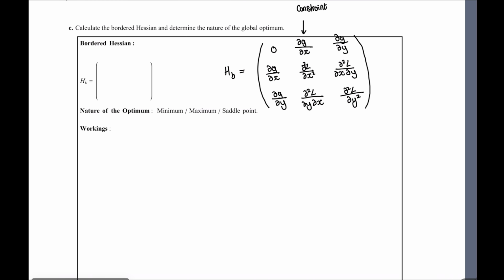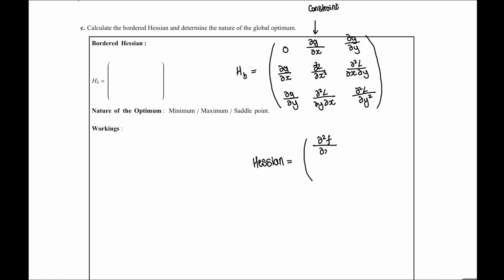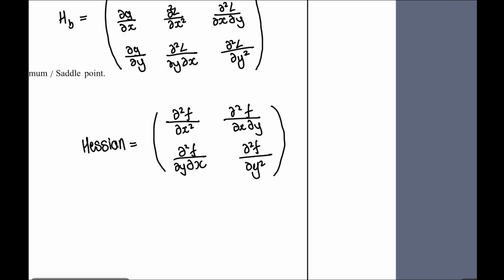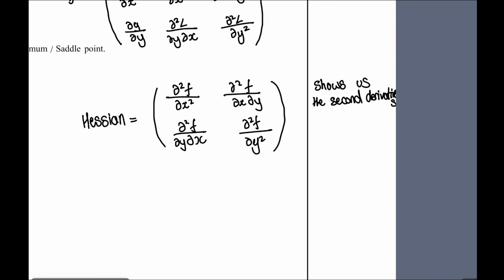A normal Hessian matrix would just be these four elements. So if I write down the Hessian, that would be the second derivatives of a function. It looks something like this. The Hessian shows us the second derivatives, and its eigenvalues tell us if the optimum is a max, min, saddle, or if it's undetermined.